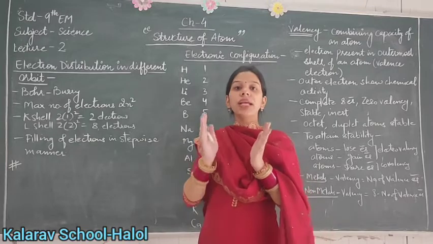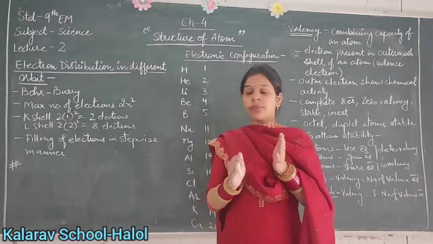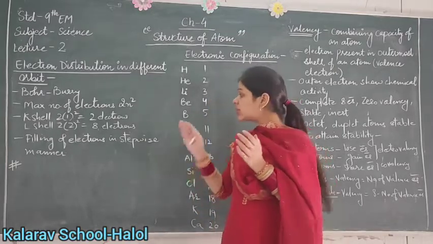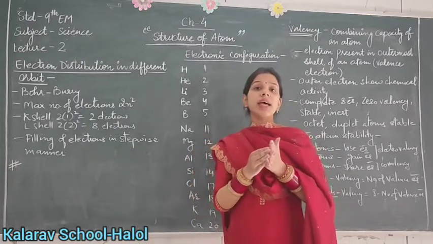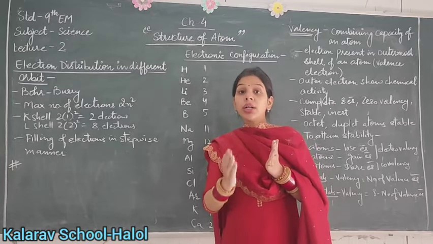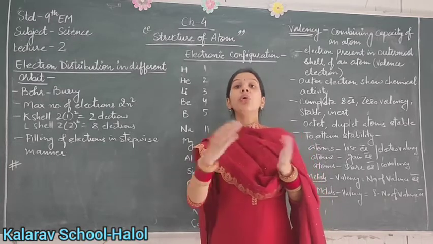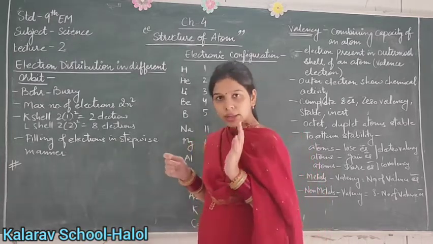Firstly, the filling of electrons in the shells is done in a stepwise manner. What does it mean? If the inner shells are empty, then you are not allowed to add electrons in the outer shells. Clear?